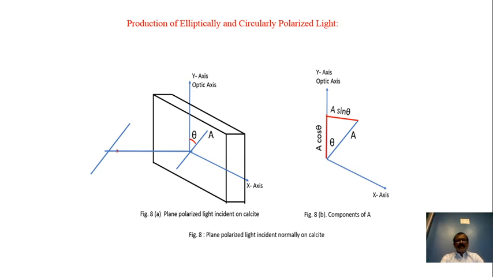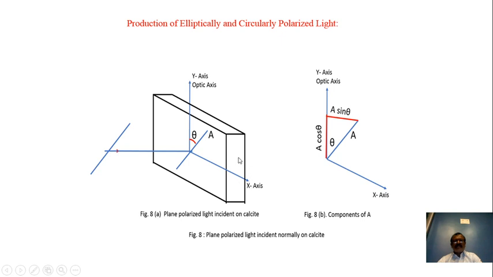Now look here, in this figure you will see that this is a crystal cut in a specific manner, and suppose this is a calcite crystal of a certain thickness.